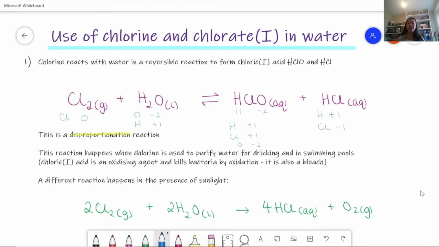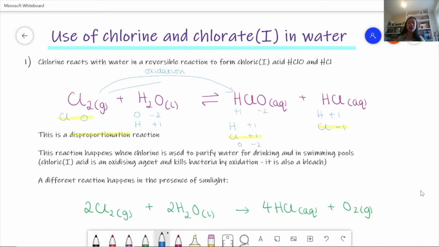And so what's happened is that you have chlorine which has an oxidation number of 0, chlorine which has an oxidation number of +1, and chlorine which has an oxidation number of -1. And that means that chlorine has undergone disproportionation, because to get from chlorine to this chloric acid, the chlorine has undergone oxidation because it's lost an electron to form a +1 ion.